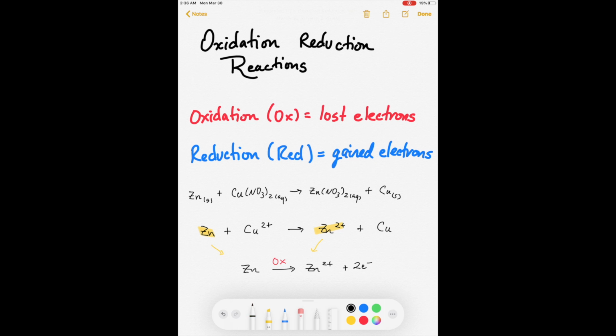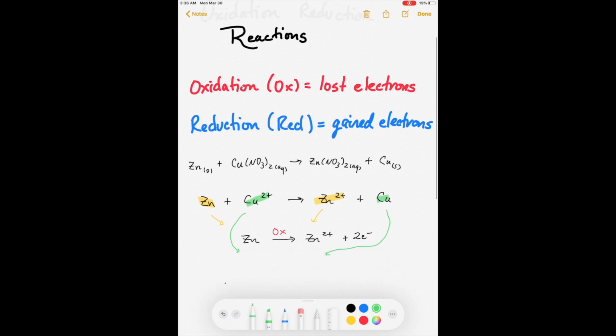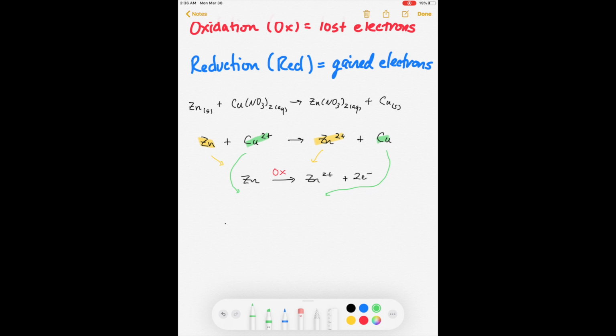Now, we could take a look at the copper. Again, we're going to do the same thing and isolate it in this way, pulling it out of context just like we did before. It would go something like this. We would have copper 2+ forming copper.